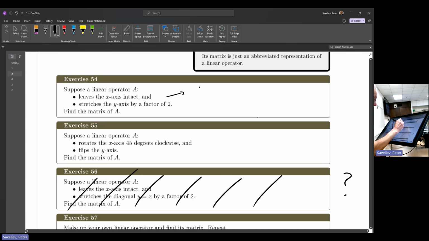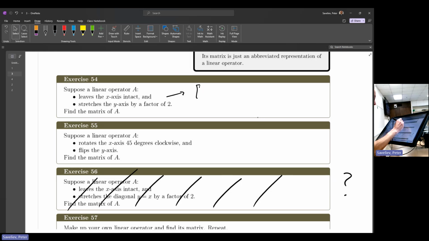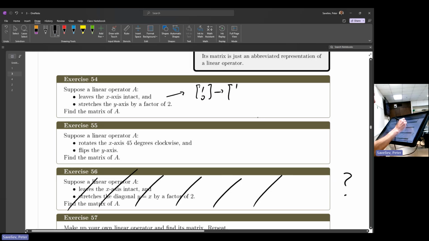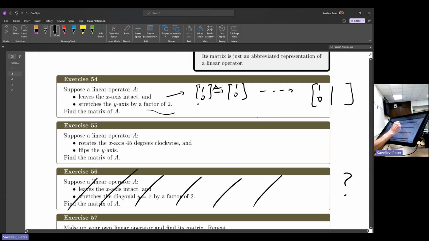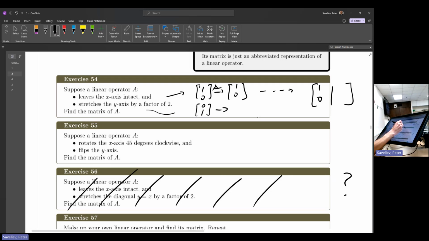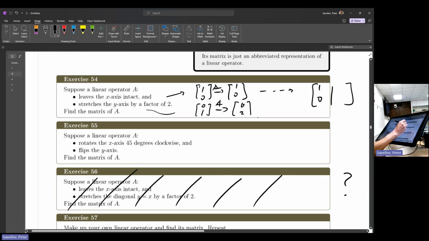So this one, as I was saying, 1, 0 goes to 1, 0 under this linear operator A, and so in your matrix the first column will be 1, 0. However, this stretches by a factor of 2, so 0, 1 becomes under A 0, 2, and that's how we put 0, 2 over here, and that's how my matrix has been formed.